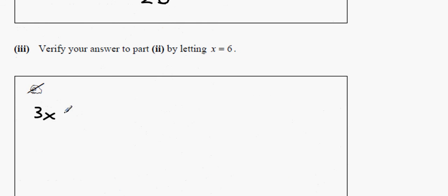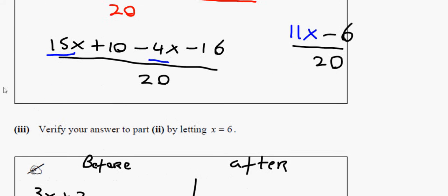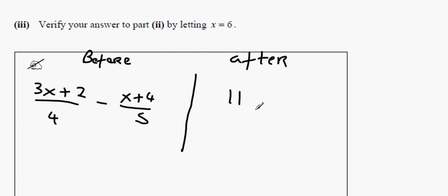Verify our answer. So to verify our answer, we've got to compare what it looked like before to what it looks like afterwards, okay? So this is before we did the question. And this is after. Okay? And the after is 11x minus 6 divided by 20.